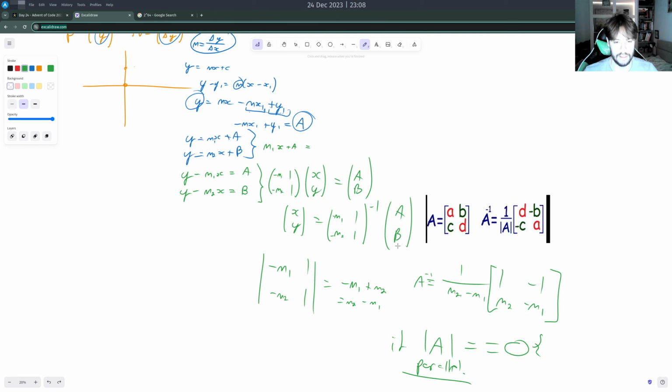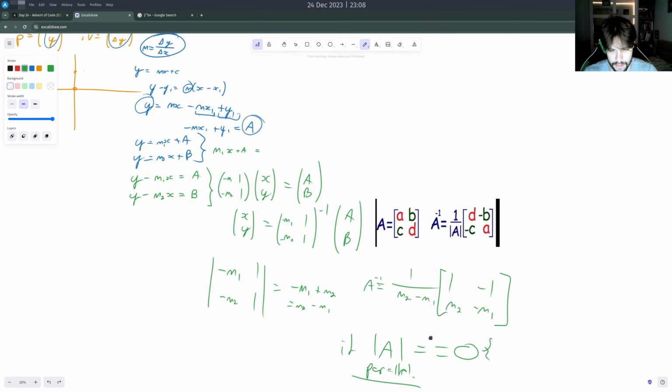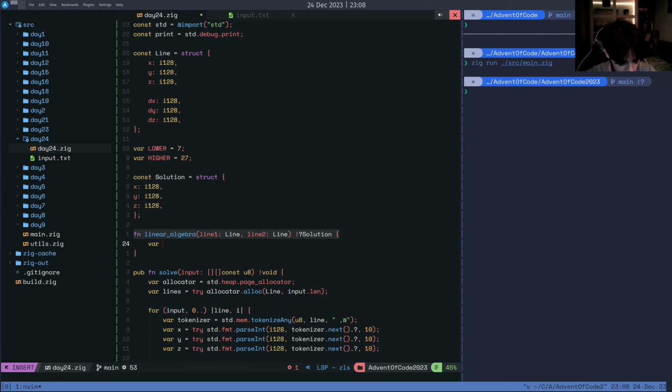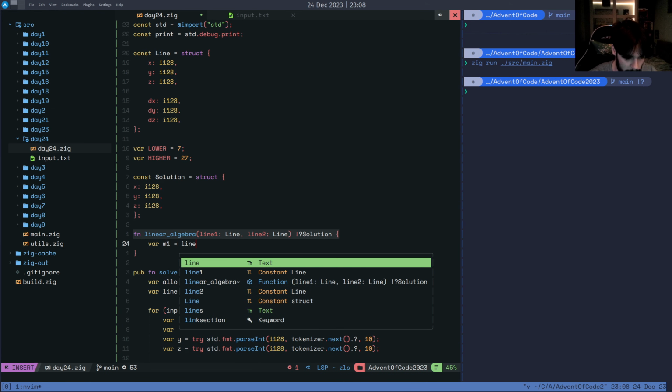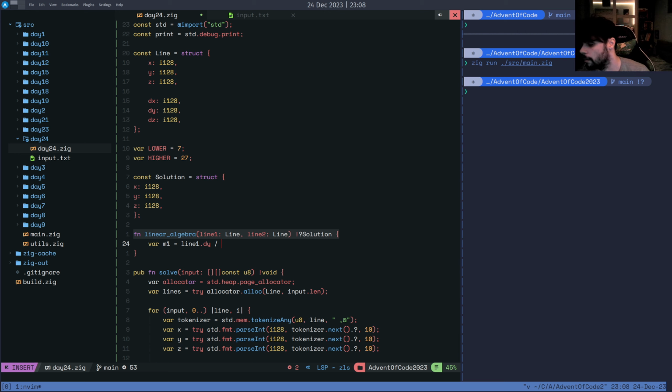So back to Algebra where we did some maths. What we're going to do is we're going to take the gradients. We're going to find gradients. Var m1 equals line 1 dot the change in y over the change in x. We probably want to make these floating points.